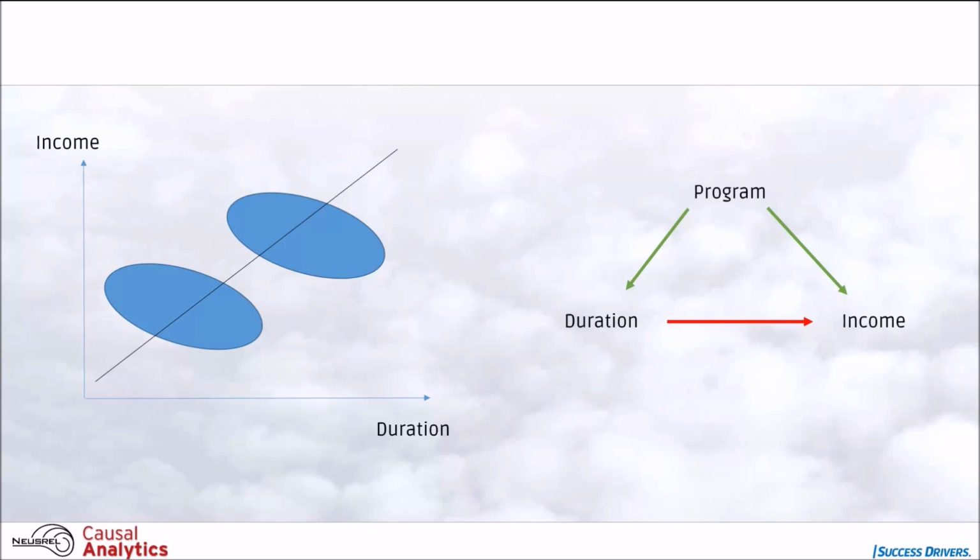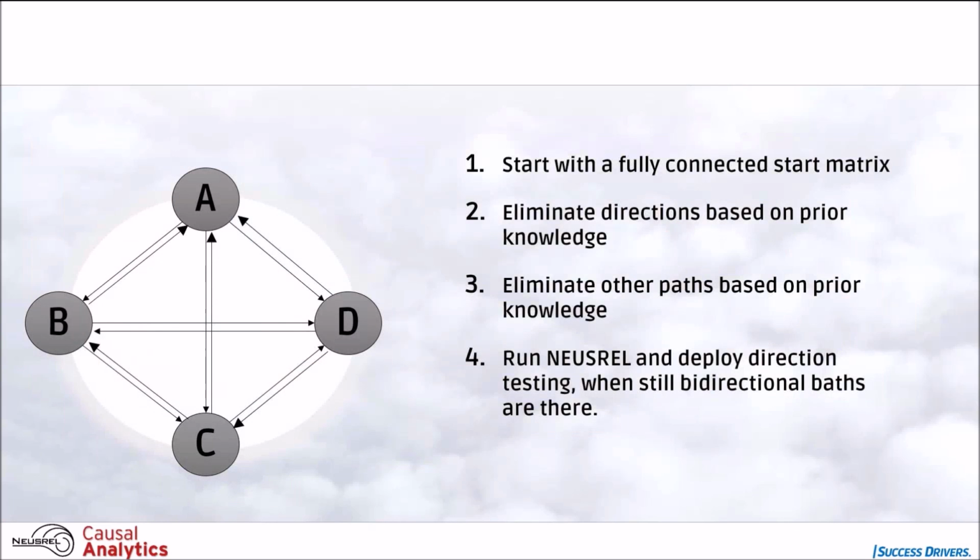So they collect some hypotheses and like to test them. And because there are also not so many hypotheses, models get small. But I think this approach is not useful to gain insights out of data. And it is not needed. And the NEUSREL software enables us to take a different approach.